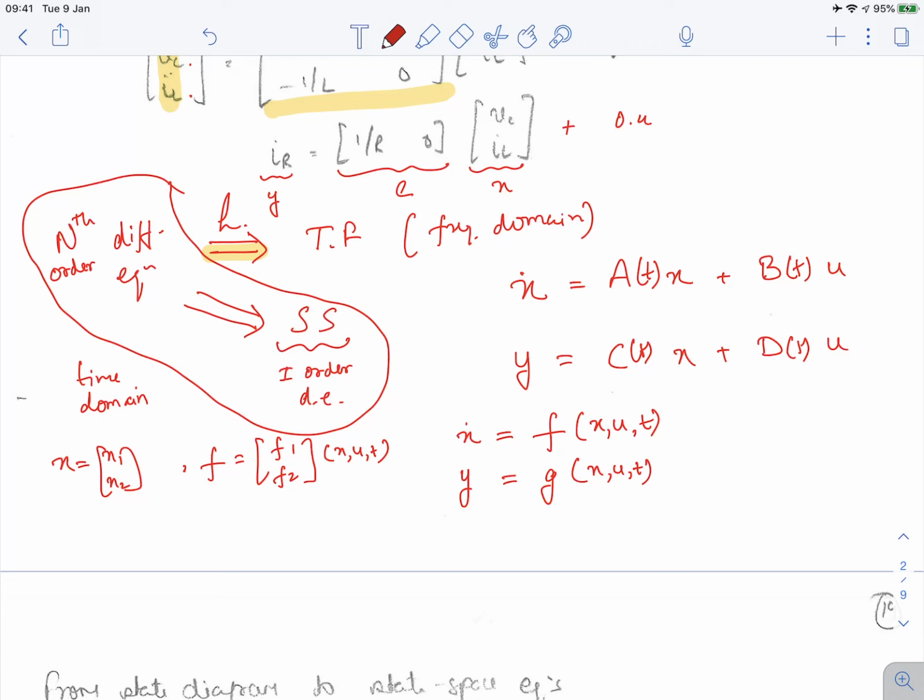And similarly for g. So this is how I can represent nonlinear systems.